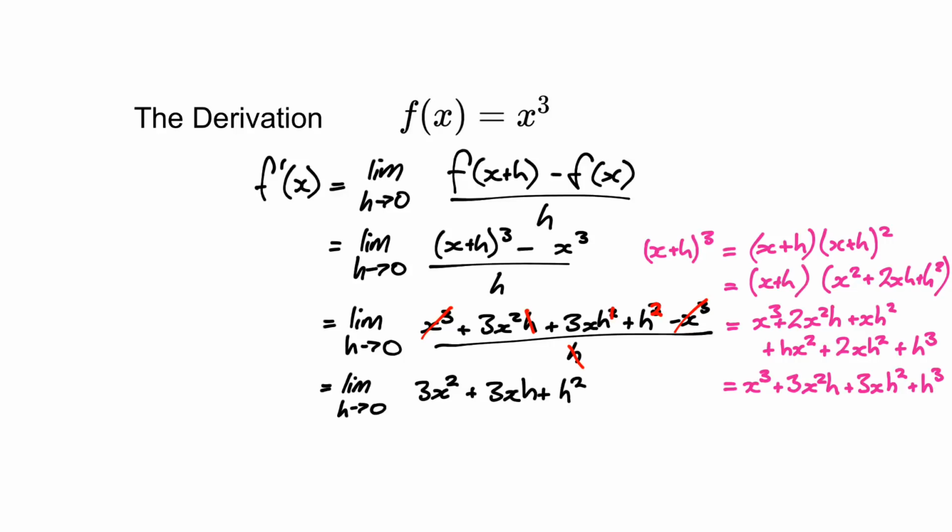Now, as we take the limit as h tends towards 0, that becomes 0, making this whole section disappear, and 0 squared would equal 0, so that disappears, which gives us 3x squared. And remember our rule, f(x) is equal to x to the n, and then f prime of x is equal to n x to the n minus 1, and that one still follows our rule.